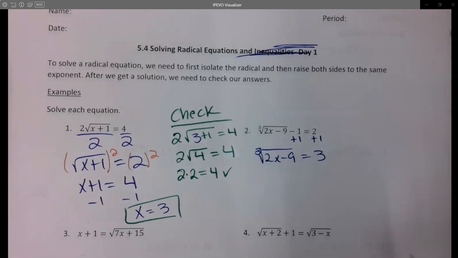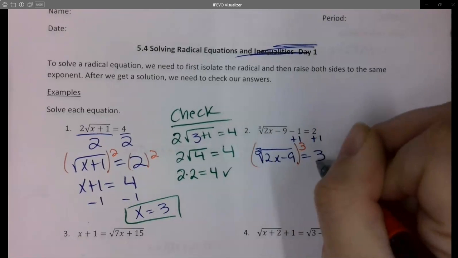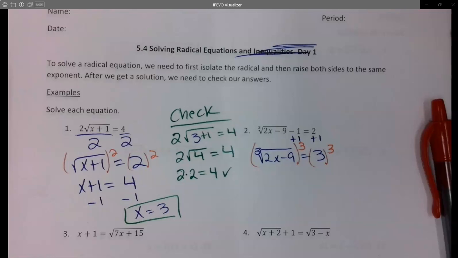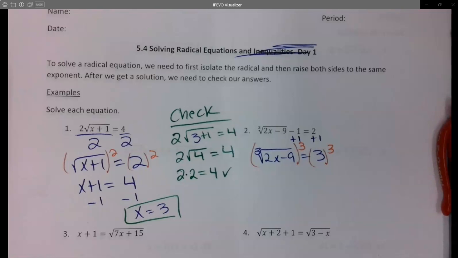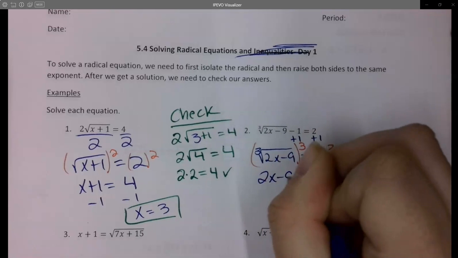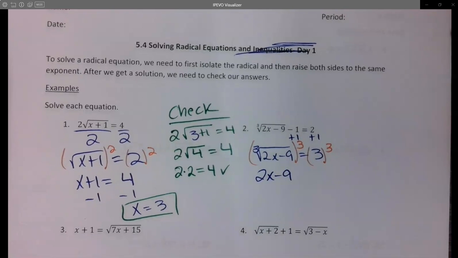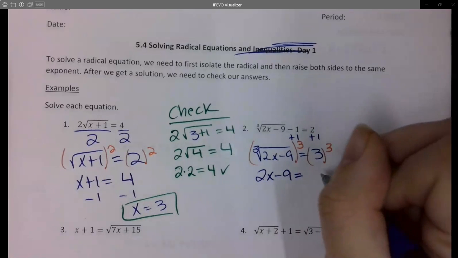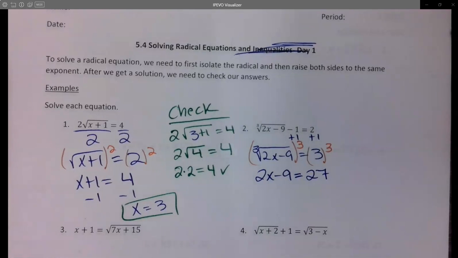Since it has a little tiny 3, I'm going to cube both sides. Then I get 2x minus 9 because it cancels out the radical on the left side. 3 cubed is 27.